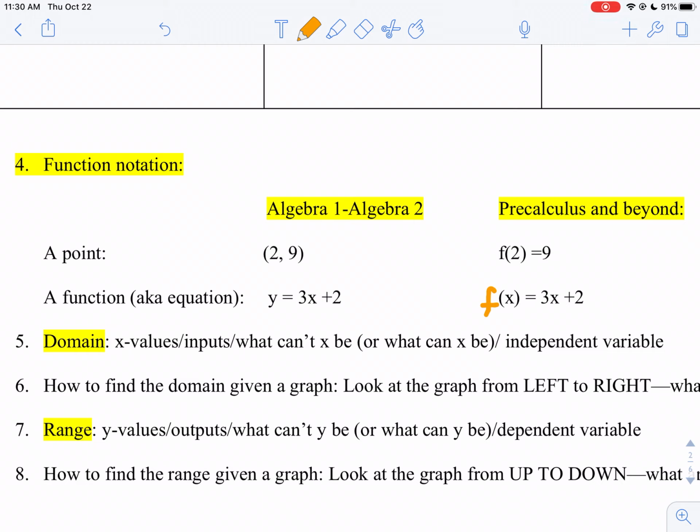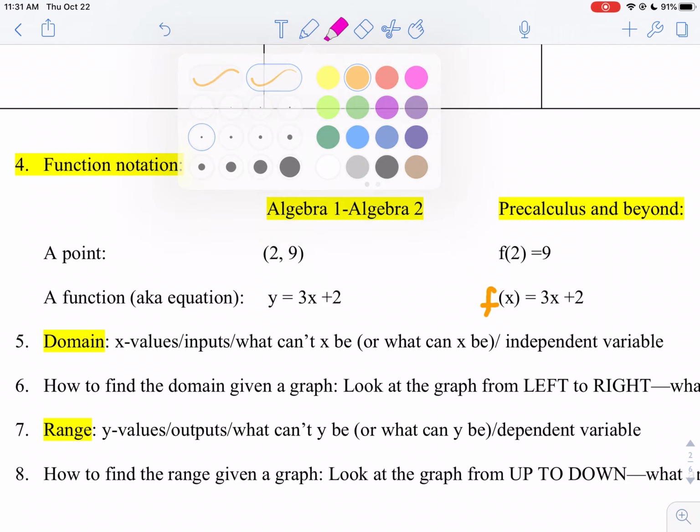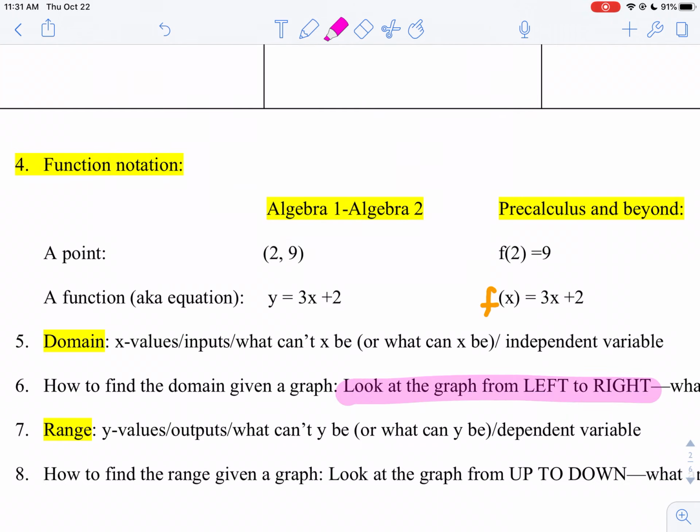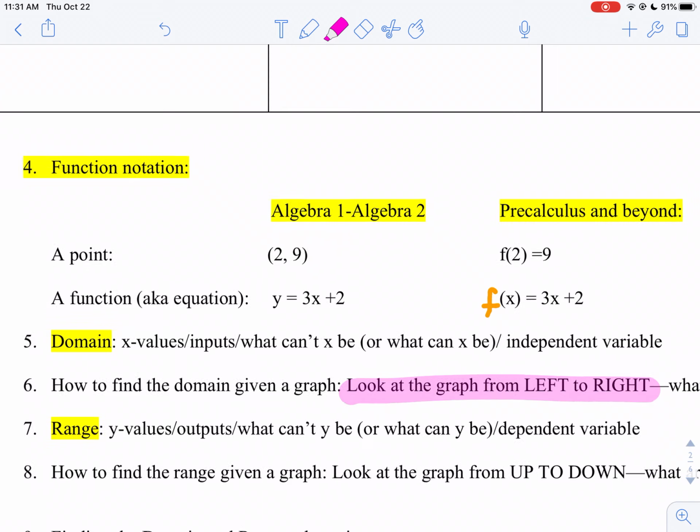Or sometimes, can you answer the question, what can x be? This is always your independent variable. So your domain, your x values, your input: what can x be, what can't x be, what is the independent variable? Where do you look on the graph? You look from left to right, on the x-axis. So a very big thing here on the graph: just look left and right, and that will give you your domain.